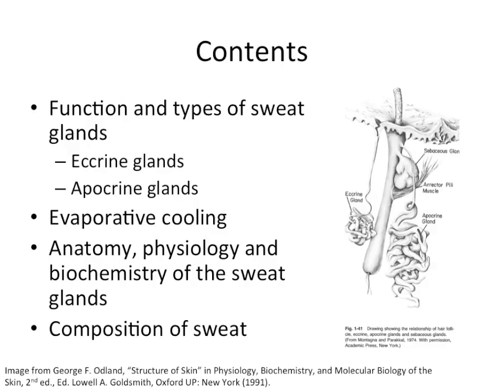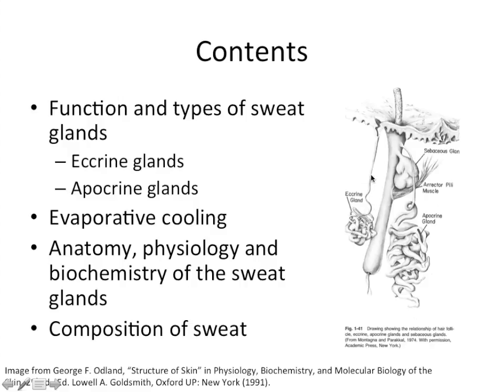Eccrine glands are the glands that are all over the body, and they actually regulate body temperature. And you can see here on the right in this illustration, it shows you an eccrine gland. It basically is composed of two principal components. One is called the secretory coil, and that's this part down here.